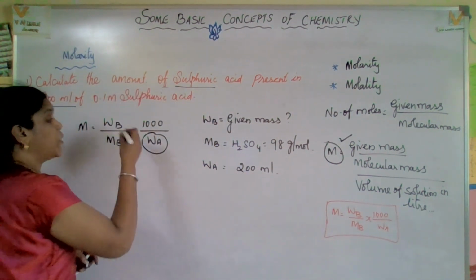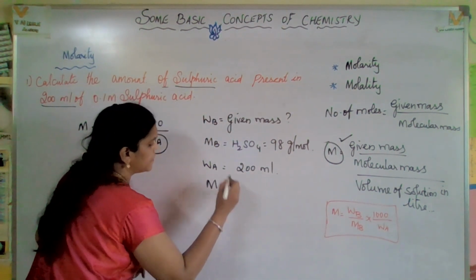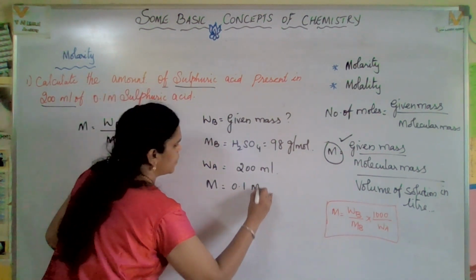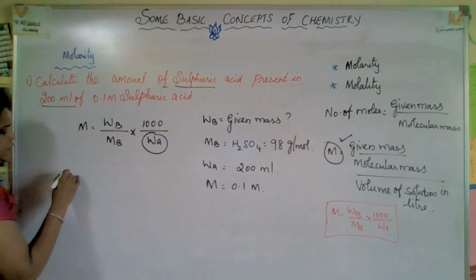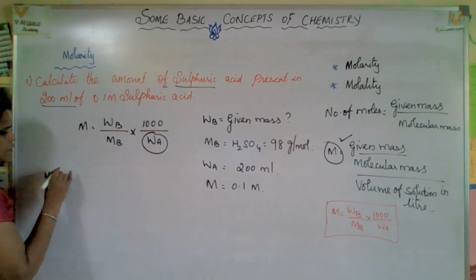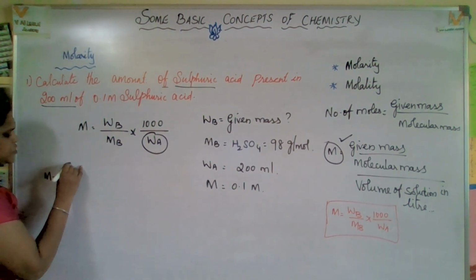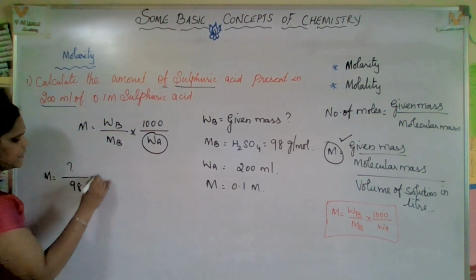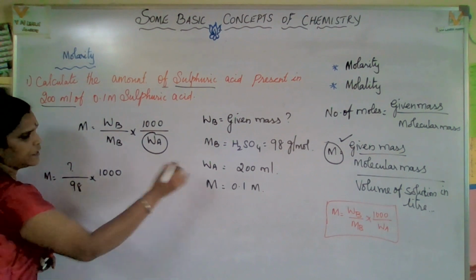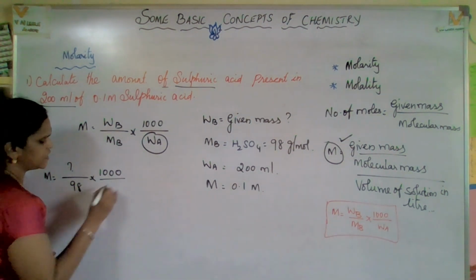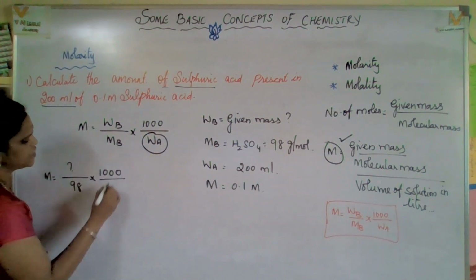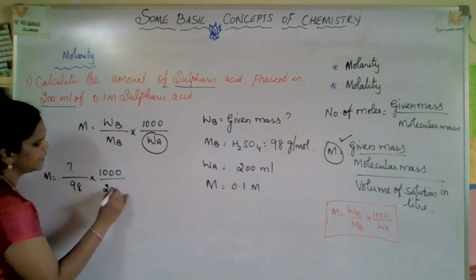And molarity, capital M, they have provided also: 0.1 M. Now just apply here: M equal to WB, which is the question mark, divided by MB, which is 98, into 1000 divided by the volume of solution, 200 ml.